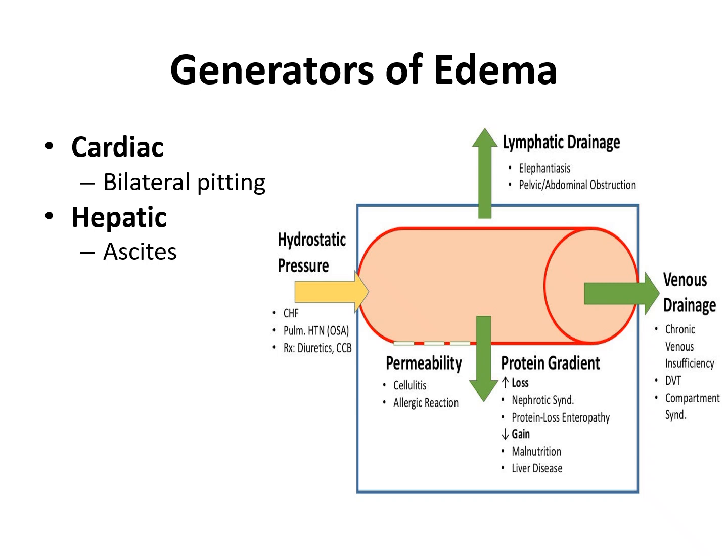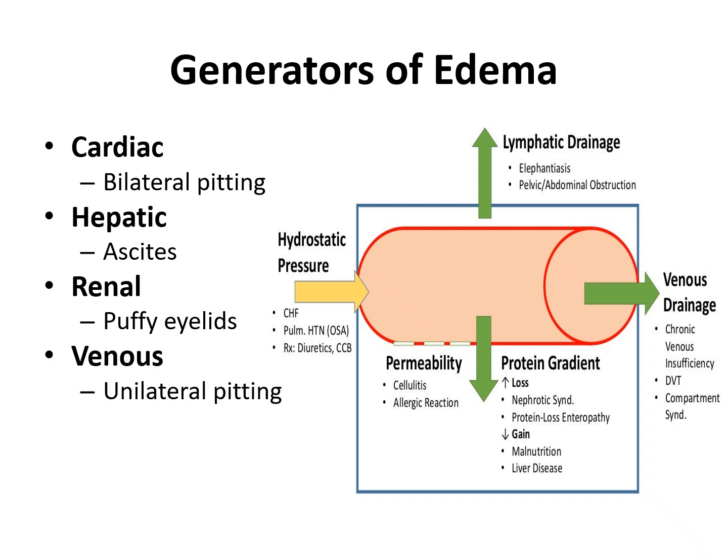Hepatic edema, in addition to bilateral pitting edema, would be associated primarily with ascites, extra fluid inside the abdominal cavity. Renal edema has a tendency of causing puffiness of both eyelids, which is worse in the morning, better in the evening.